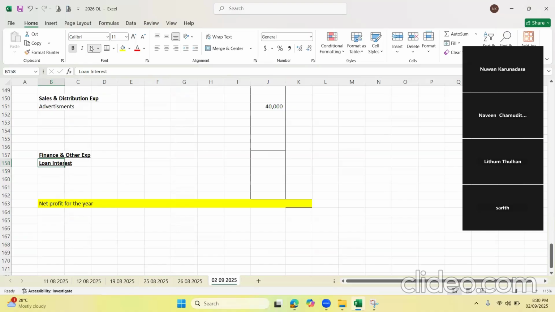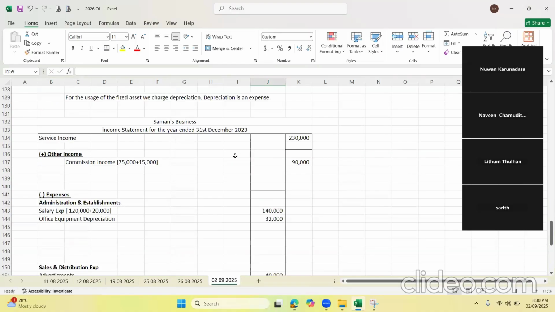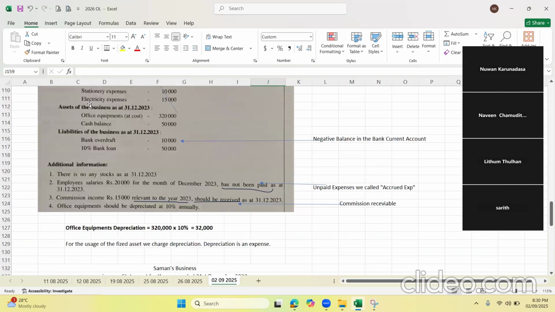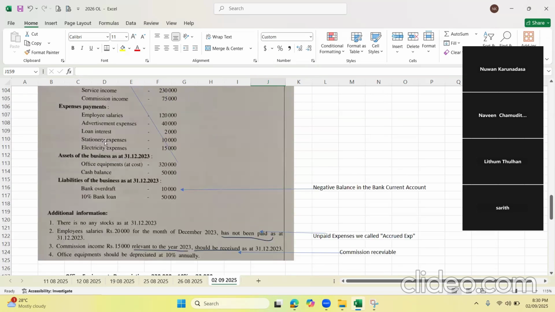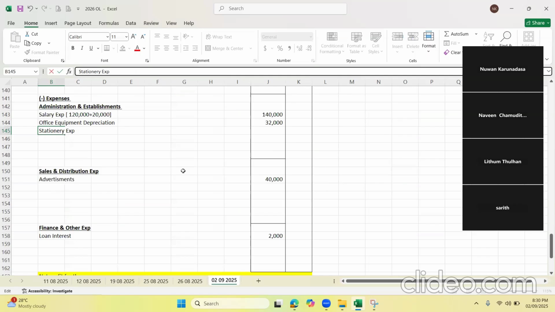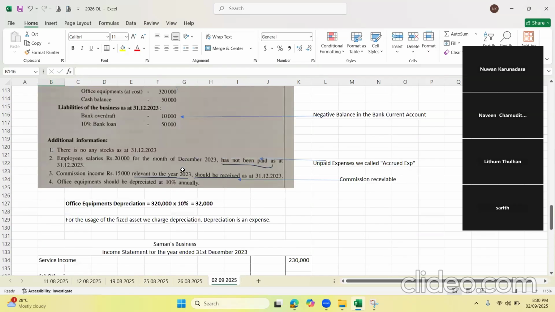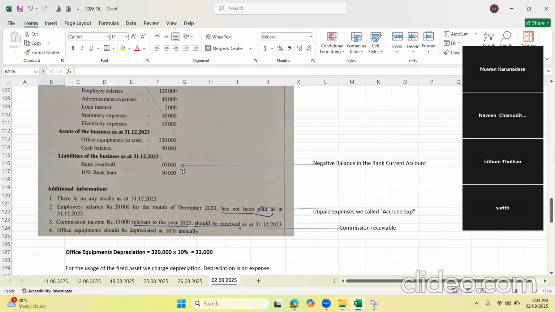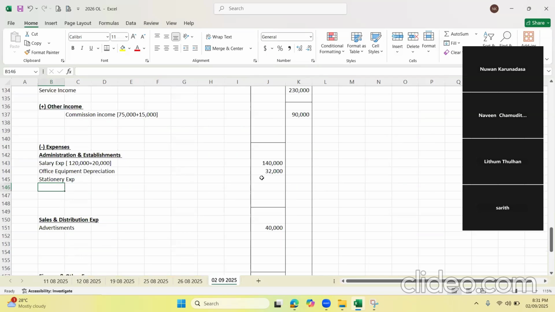It's an expense. Then stationery 10,000, again admin. Stationery is an administration expense.